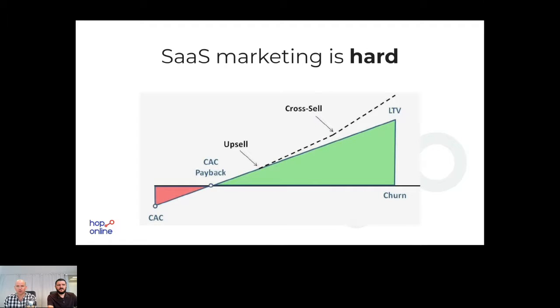And everything that comes along with that, because you have a very dynamic life cycle of a customer, even before they're acquired, at the point of acquisition, and then beyond, upselling them and cross-selling them, and constantly trying to maximize the ratio between lifetime value and customer acquisition cost.